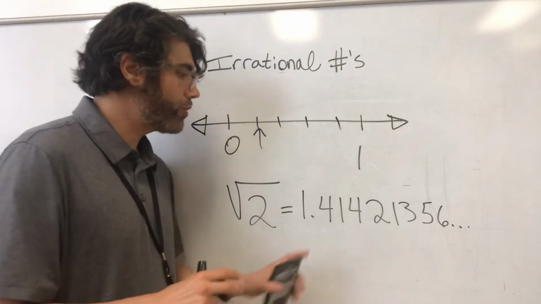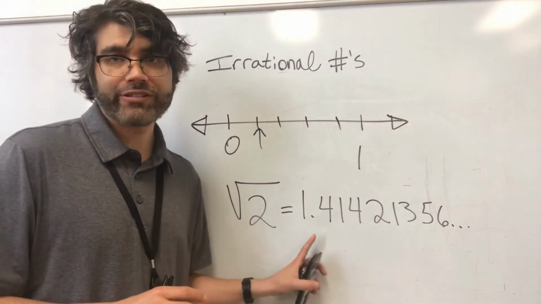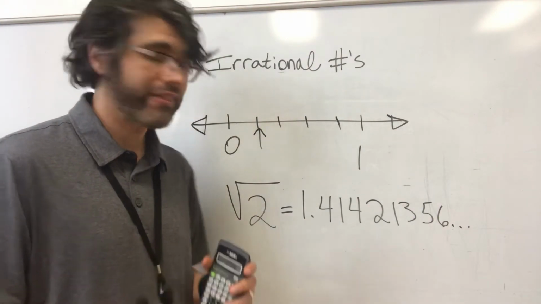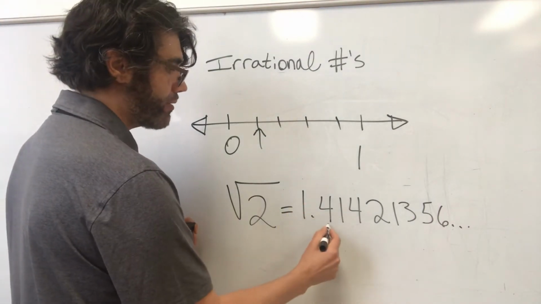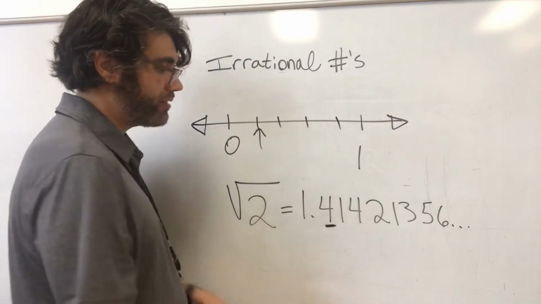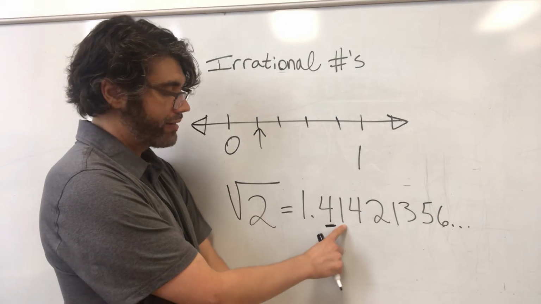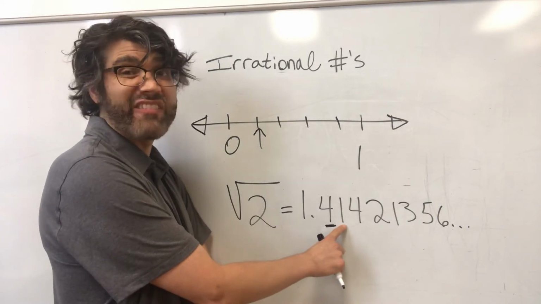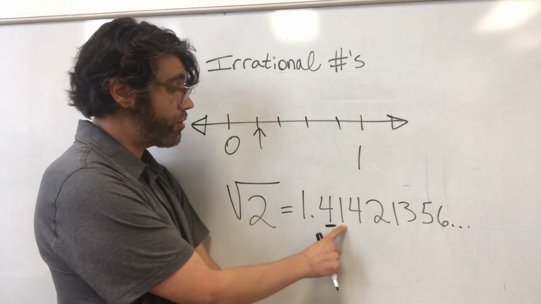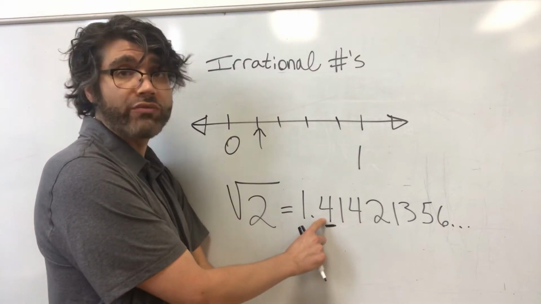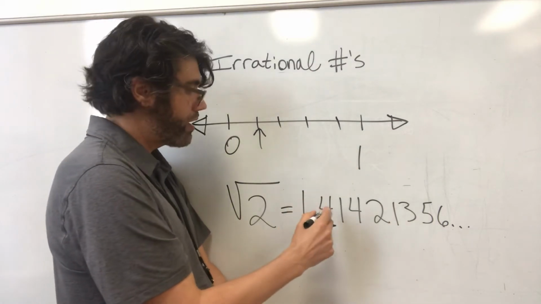So we're going to round this. Let's round it to the nearest tenth. This is the tenths place. And so if we round to the nearest tenth, well, 1 is less than 5, and so this 4 remains a 4. Okay?